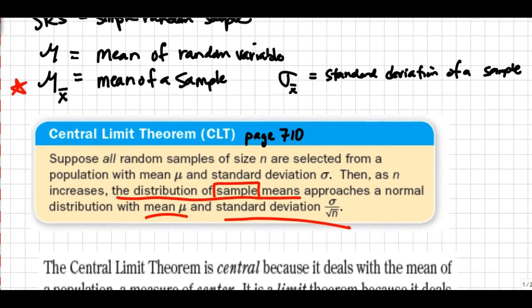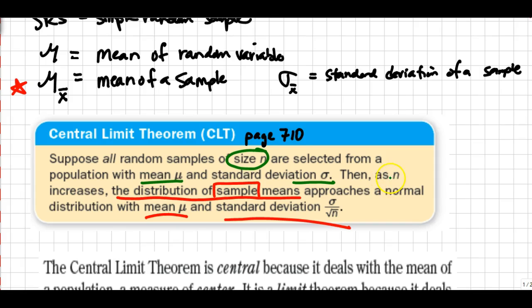So now let's actually look at the central limit theorem itself. Often abbreviated CLT, it's located on page 710 in your book. Suppose that all random samples of size n, so that's the size of the sample, are selected from a population with a mean mu and standard deviation of lowercase sigma.